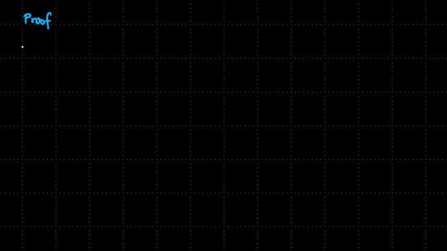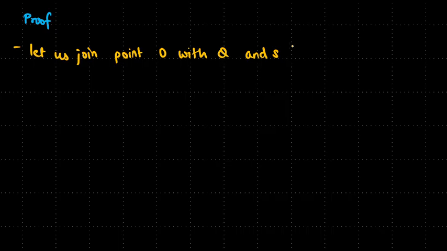For the proof, let us join point O with Q and S so that vector OQ is equal to vector E. This is just my representation of E, I write it in any way I like, it's just a normal E unless I specify.